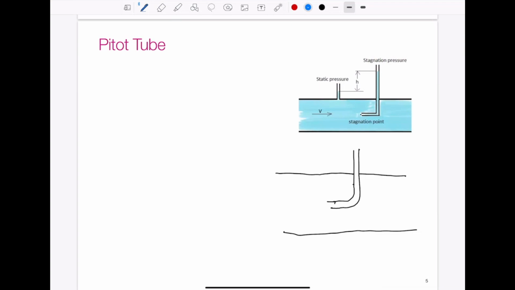Let's say we have our fluid velocity flowing in this way, and this streamline is going to hit right in the center of that pitot tube. And if this is water, let's say, and this is an open-to-the-atmosphere pitot tube, there's going to be some distance h.